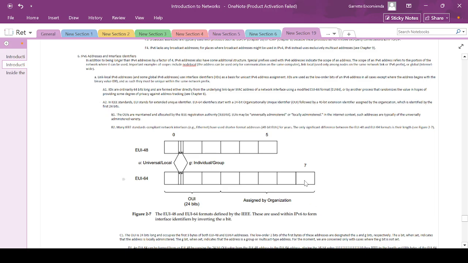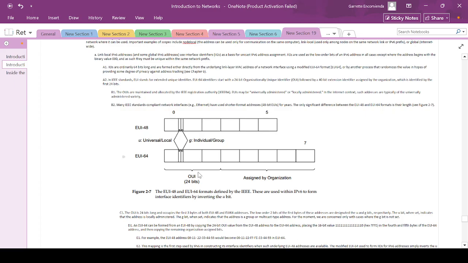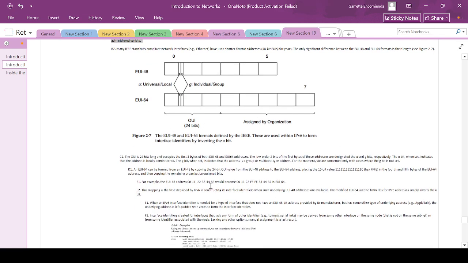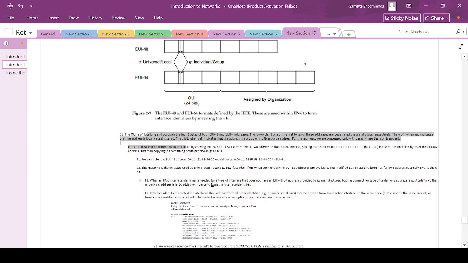The OUIs are maintained by IEEE, and EUIs may be universally administered or locally administered, but for the internet usually these are defined by the internet provider, locally, or by IANA or IEEE.